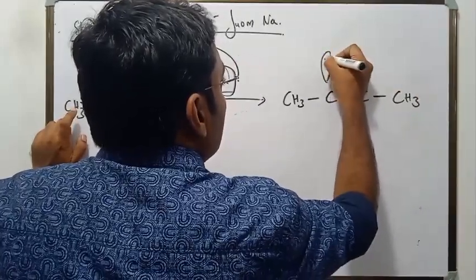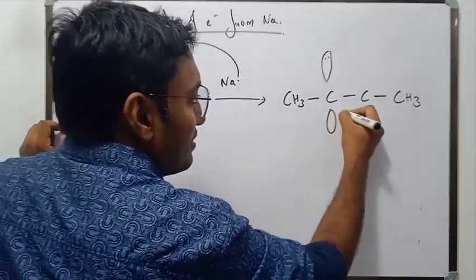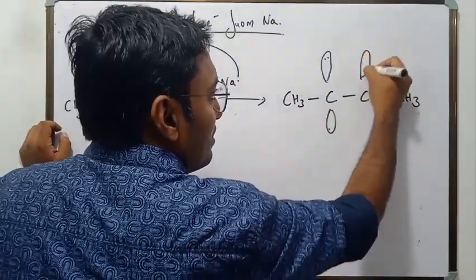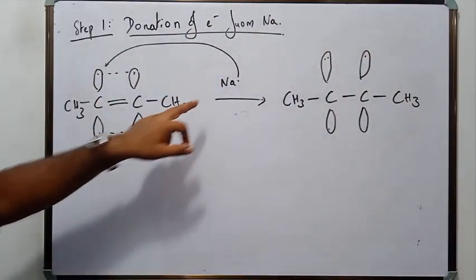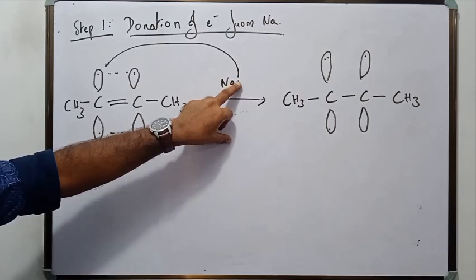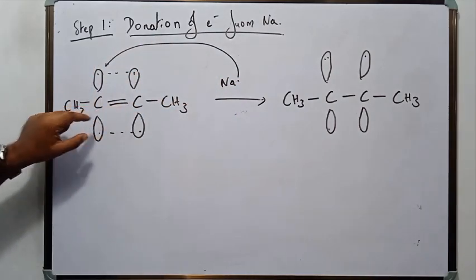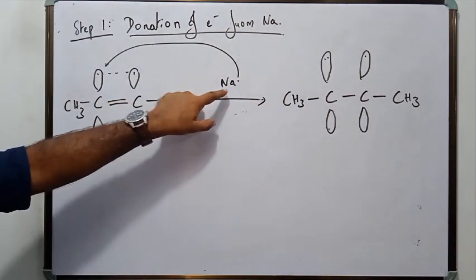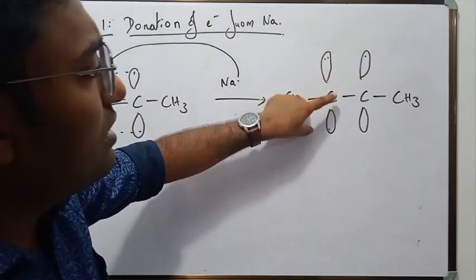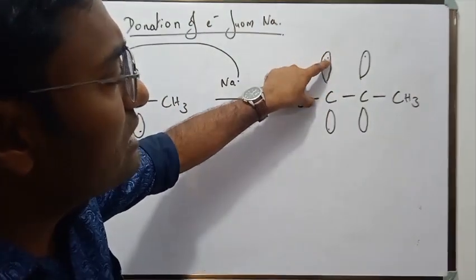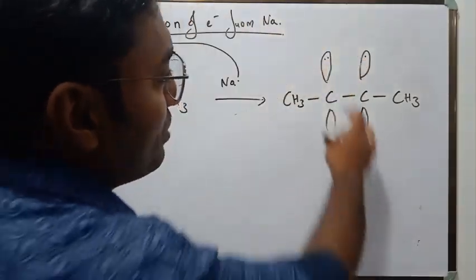Then the p orbital of this carbon atom gets a pair of electrons, this orbital will have 2 electrons, correct? The pi bond has actually broken now.